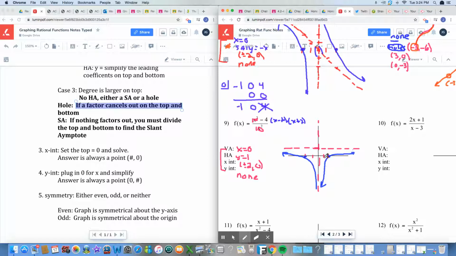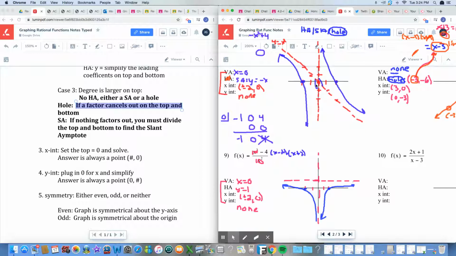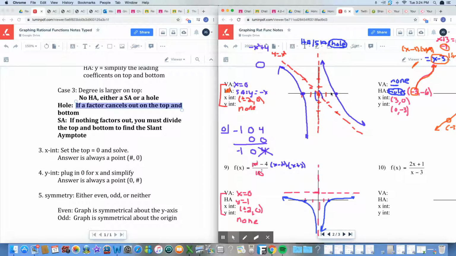For instance, if I plugged in 1 into my original, 1 minus 4 is negative 3, over 1, which is negative 3. So 1, negative 3, I would know it's down here. That would be my curve. Same thing for this. We were fortunate in the slant asymptote one where we knew the 2 points were in both curves.